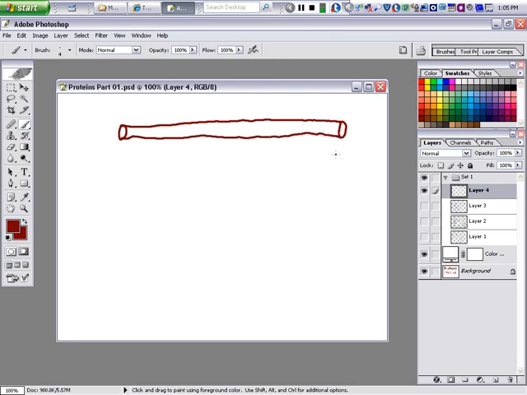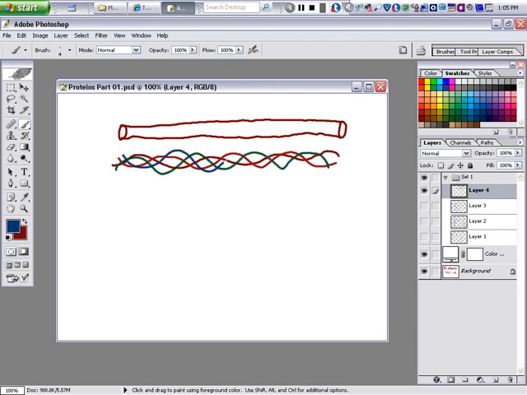And if you look at the protein strands themselves, the different proteins are going to look something like this. And so these proteins have a lot of tensile strength.